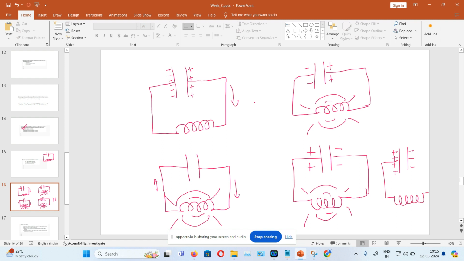There is no current flow at all. And this happens in an alternate manner such that one oscillation is maintained inside the system, if it is a no-loss system, where there is no resistance in the inductor and other things. There will be an oscillation maintained inside the system. Okay.